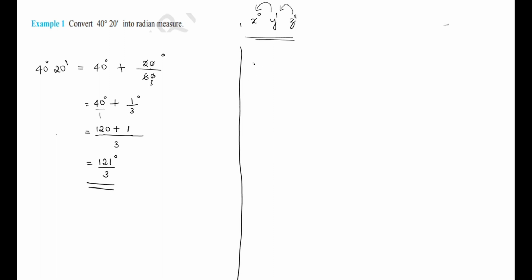Now here goes the formula to find radian measure. You have to multiply the given degree measure into pi by 180.